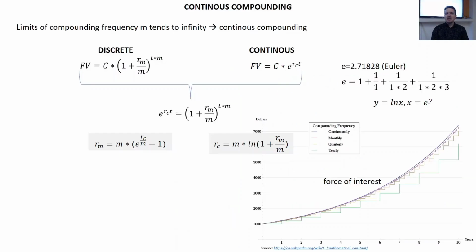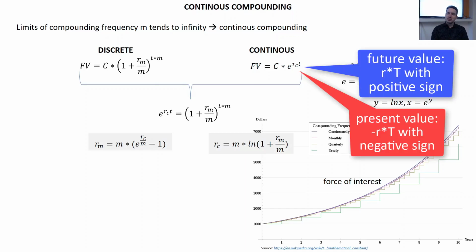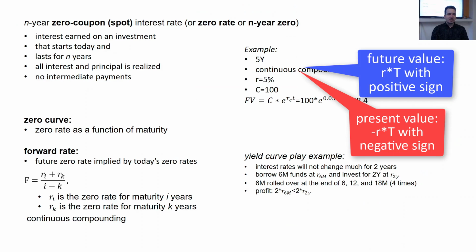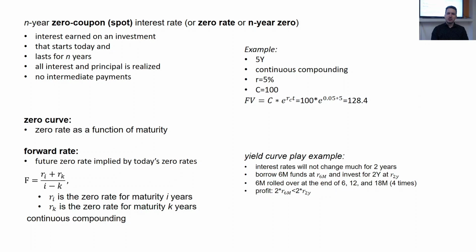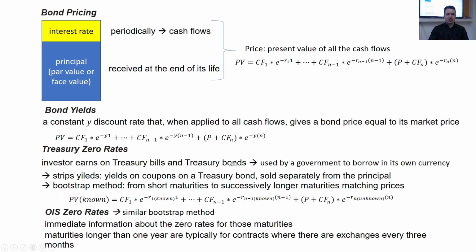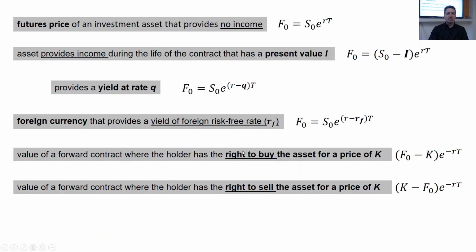After dealing with discrete and continuous compounding, we realize that continuous compounding is much easier from a modeling point of view. And also we realize how we can compute future value this way, and that it can be useful for evaluating bonds as well.